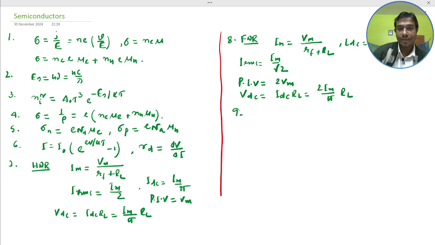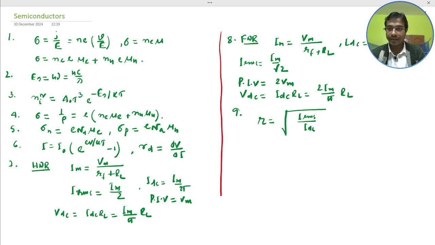Next, the ripple factor. The ripple factor r is defined as the RMS value of the AC component of the wave divided by the average or DC value, and is written as the root of (I_RMS divided by I_DC) whole square minus 1.